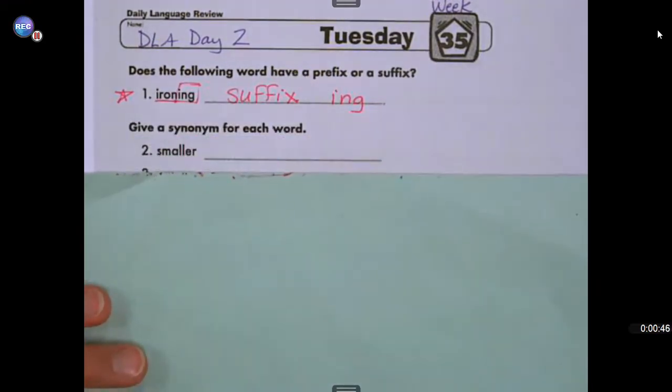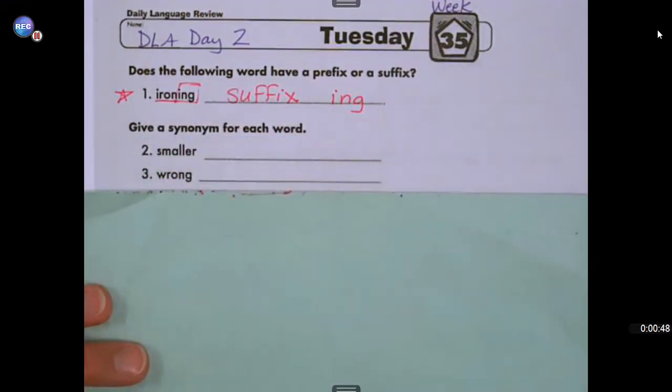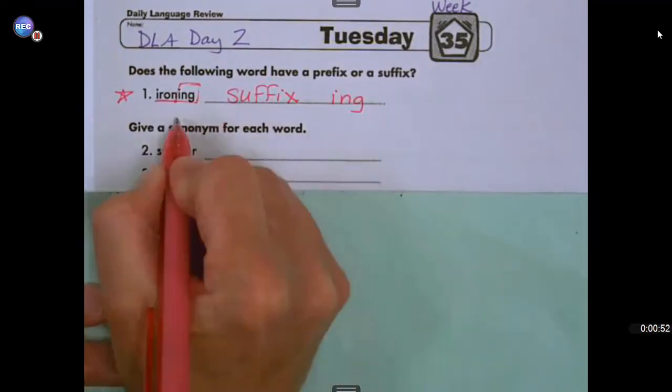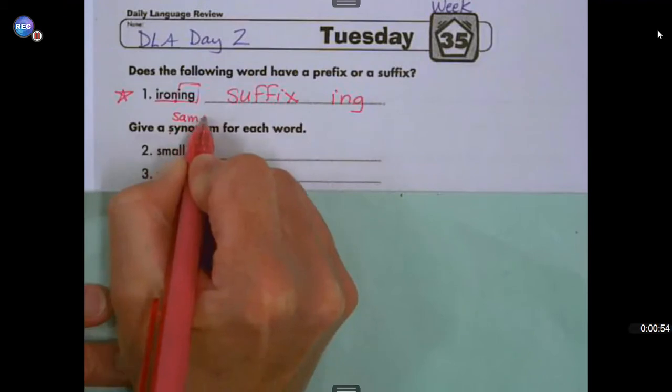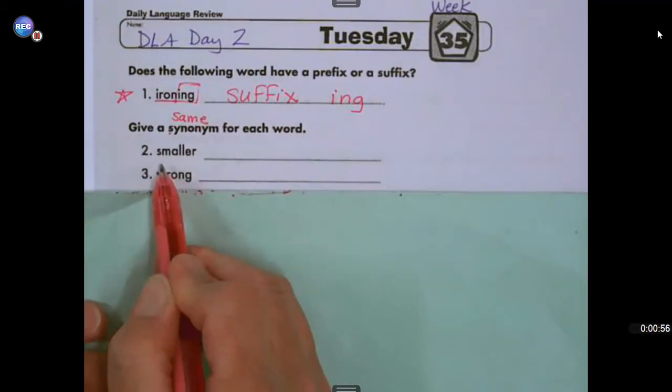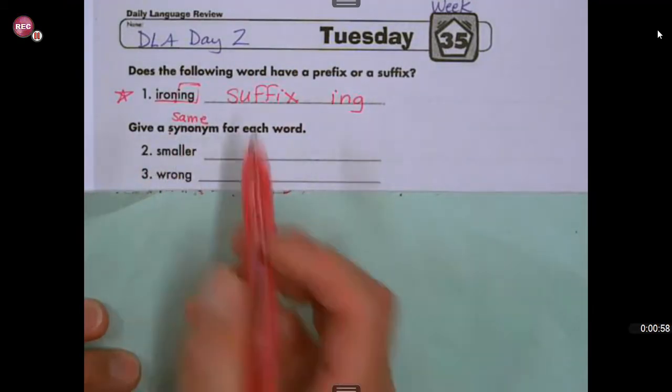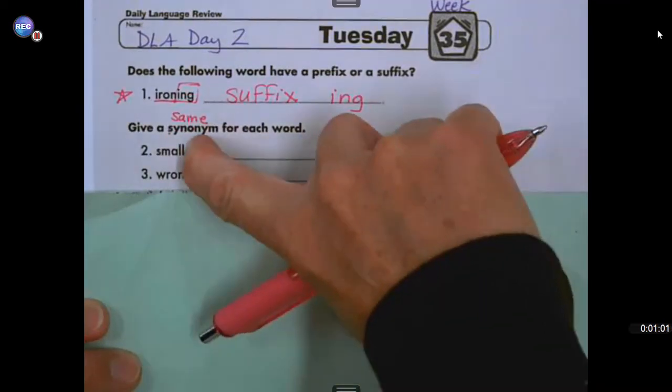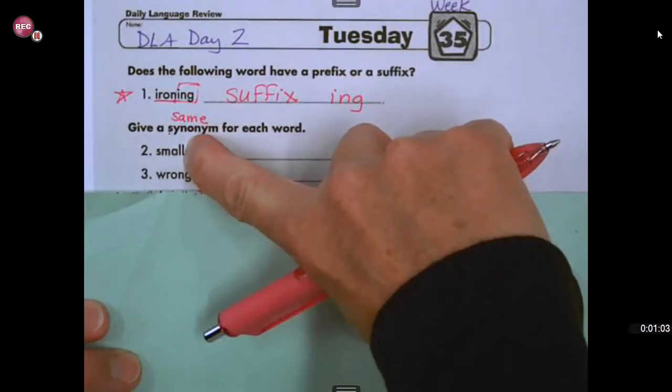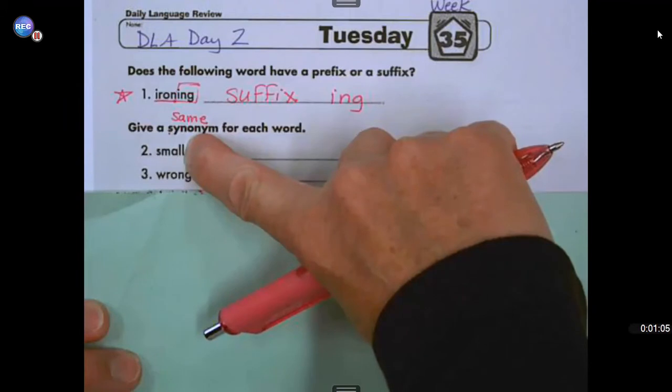Number 2 and 3 say give a synonym for each word. Remember, a synonym means the same thing. If you look at number 2, we have the word smaller. If I take off the ER and I'm left with the word small, what word would mean the same as small? I think of maybe the word tiny.